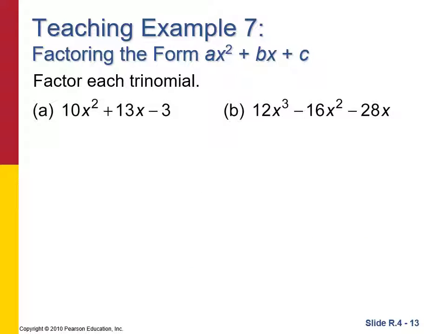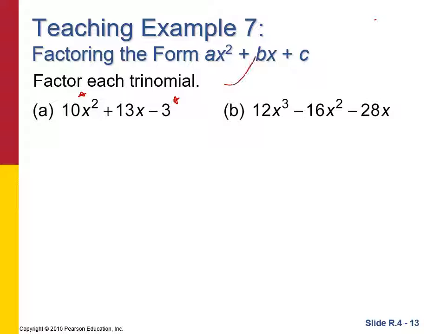Now this gets a little tricky because now we have a factor here, 10, and we can't pull it out, right? You can't pull a 10 out. It doesn't divide evenly by 3. So really we need to look for two factors, right? We need factors of 3 and factors of 10.